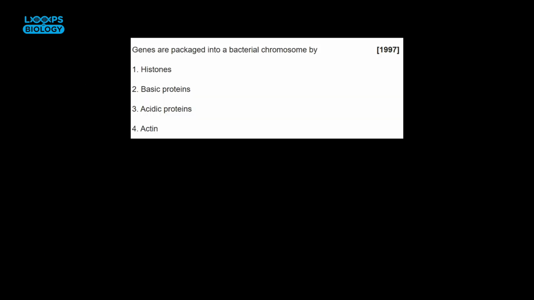Let's move to the question. Genes are packed into bacterial chromosome by. Now most of the students are going to tick histones, because whenever I'm talking about wrapping of DNA, the first thing that comes to your mind in the NEET hall is histones. But in the case of prokaryotes, histone-like proteins are used.